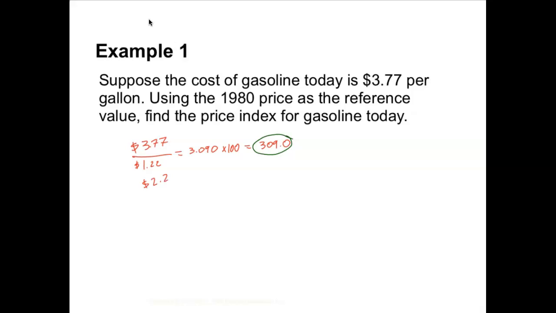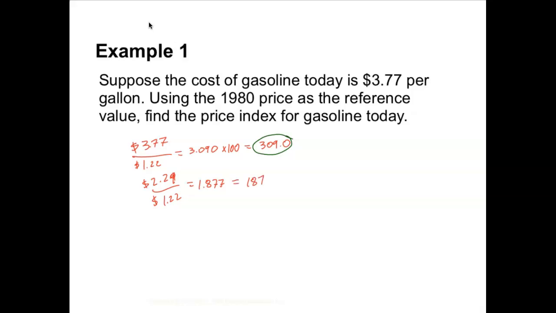So the actual price index is cheaper than that. Gas prices have been going down though because, well, right now nobody's driving, but also probably the popularization of the electric car. All right, so that's 1.877.